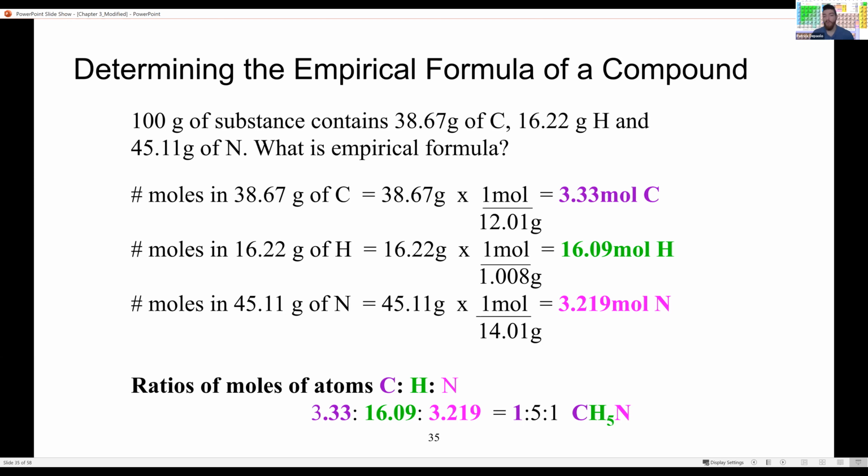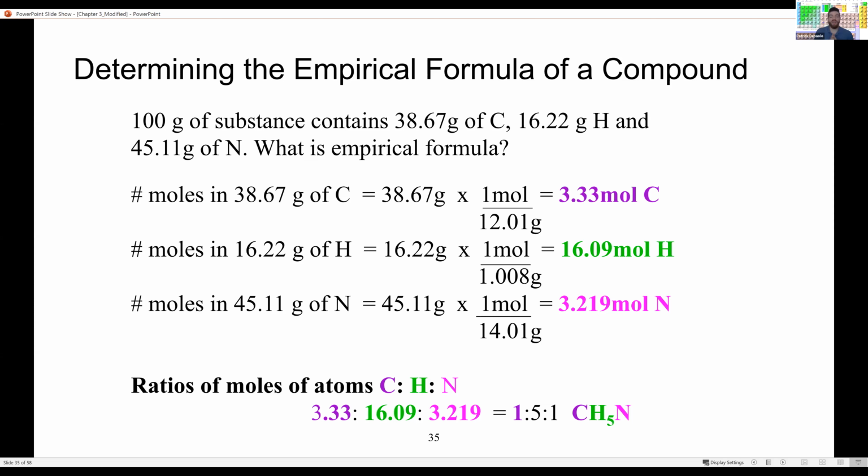I get 4.998. For all intents and purposes, that is approximately 5. So you put 5 for hydrogen. For nitrogen, you're dividing 3.219 by itself. So you get 1. And you get a ratio of 1 to 5 to 1. That is the empirical formula for whatever this compound is of C, H, and N. So it'd be CH5N.